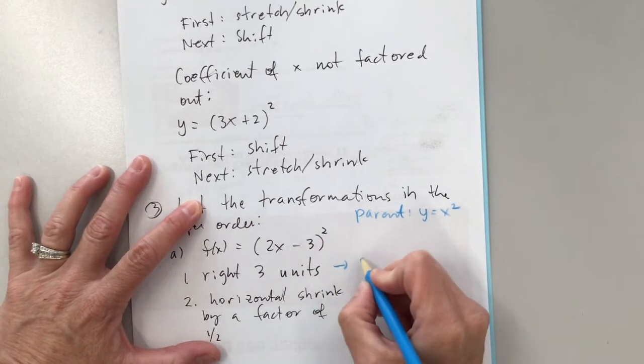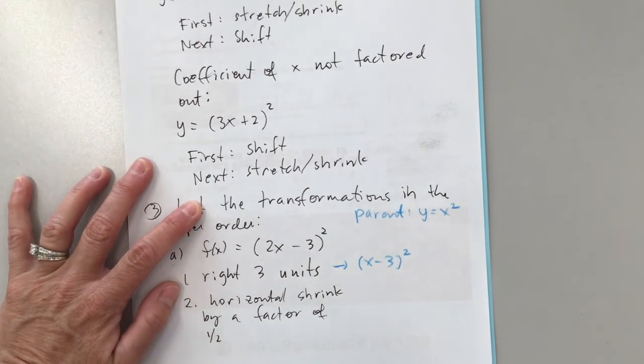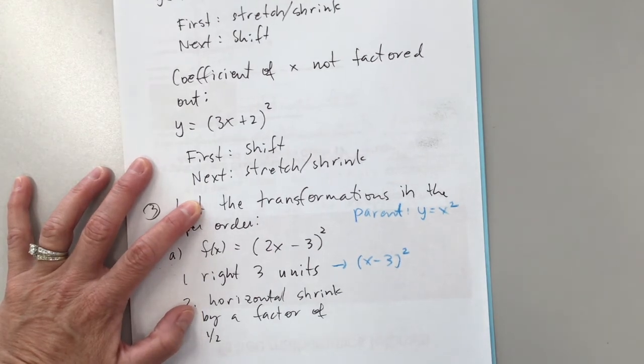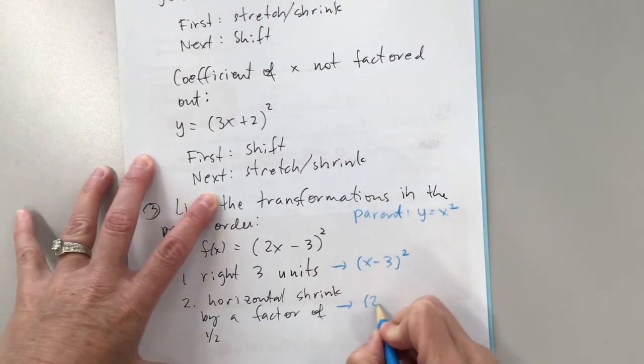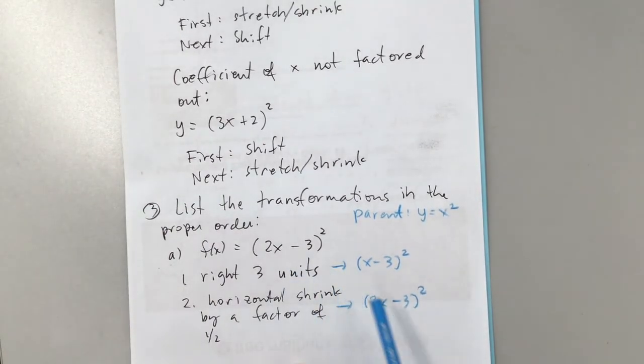So my function would be y equals (x minus 3) quantity squared. And then if I do a horizontal shrink by a factor of 1/2, it means x gets replaced with 2x. So it goes to (2x minus 3) quantity squared. And we see that is exactly the function that we were supposed to have.